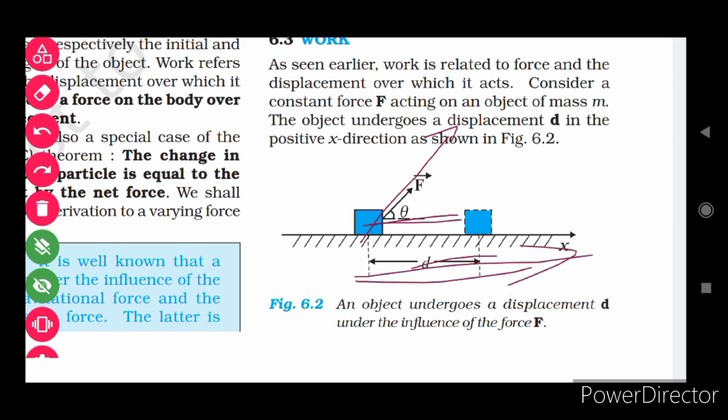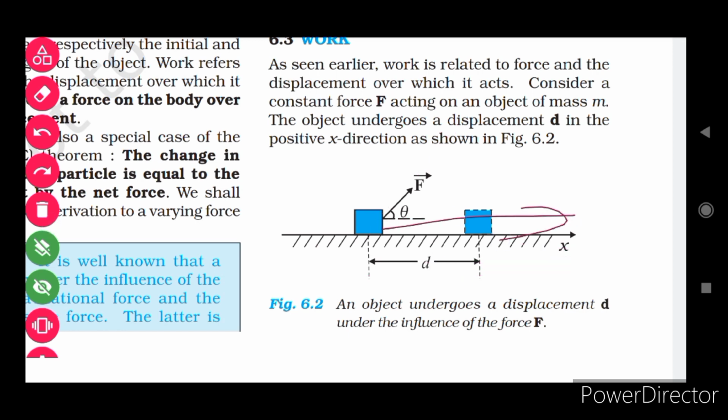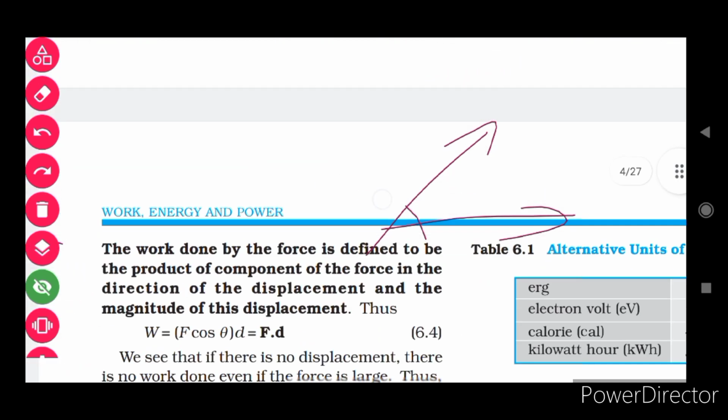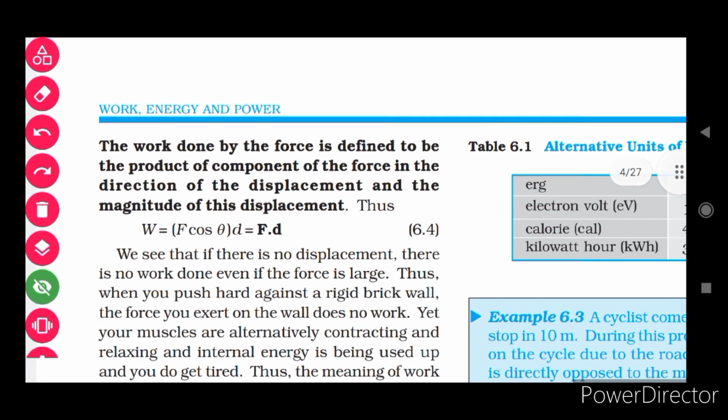This is the displacement. So we can say that the displacement vector and the force vector make an angle theta with each other. Now, work done by the force is defined to be the product of the component of force in the direction of the displacement and the magnitude of the displacement.